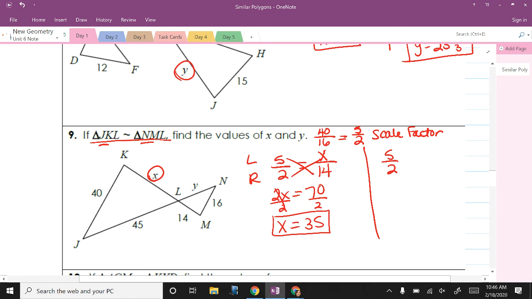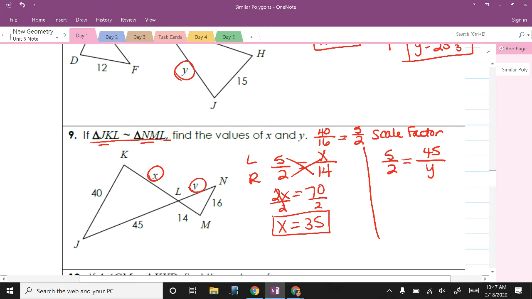Again, you could use 40/16 if you want to, but we simplified that so we could use smaller numbers. So Y is LN. And LN corresponds to what? JL, which is 45. So that's going to be 45/Y.